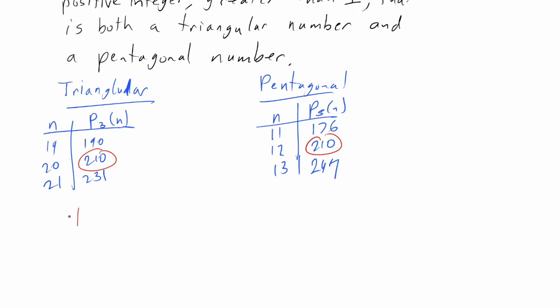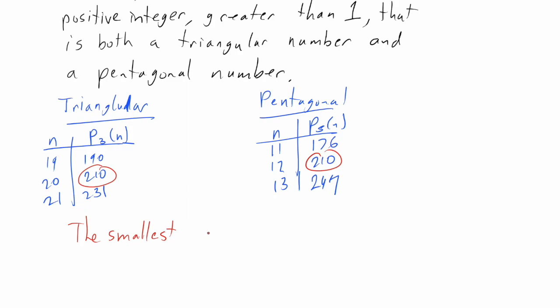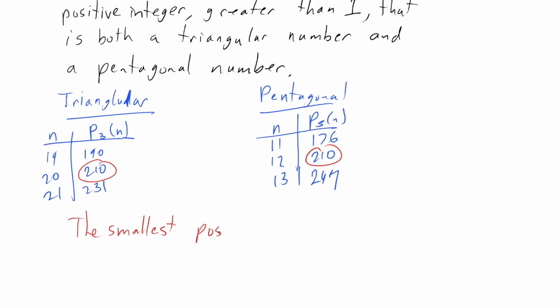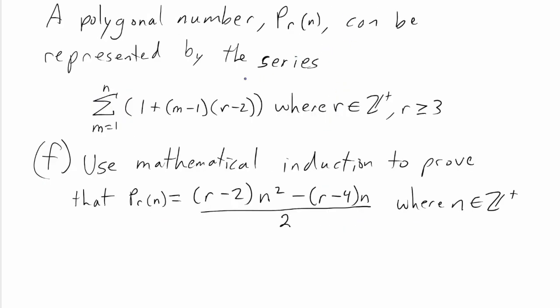So you could say the smallest positive integer is 210. Simply that.